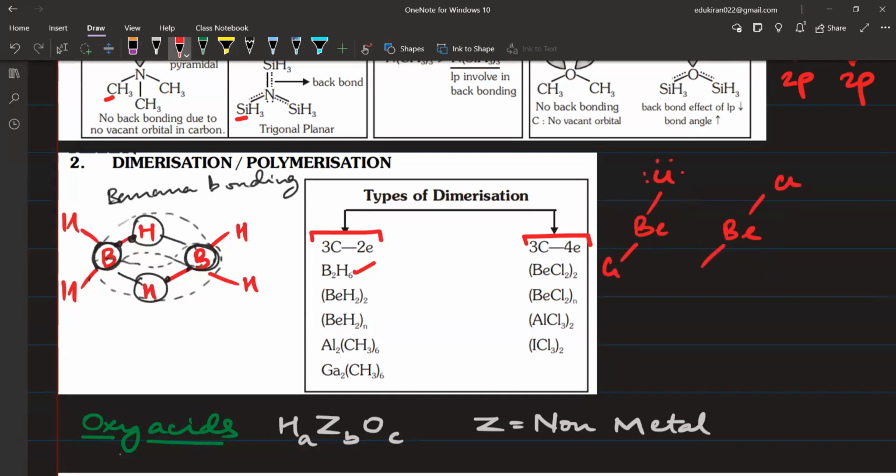Now, chlorines have lone pair electrons. This chlorine also will have lone pair electrons, and this chlorine also has lone pair electrons. So we have two BeCl2. This chlorine will donate a bond to beryllium like this, and this chlorine is going to donate a bond to beryllium like this. Now, in this case we are having a dative bond, a coordinate bond.